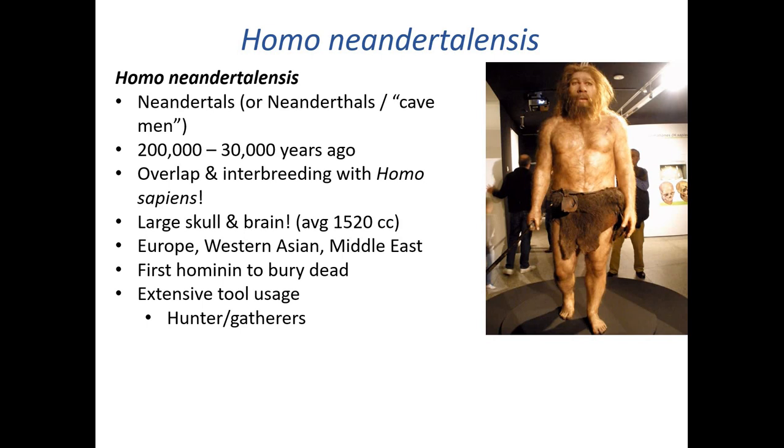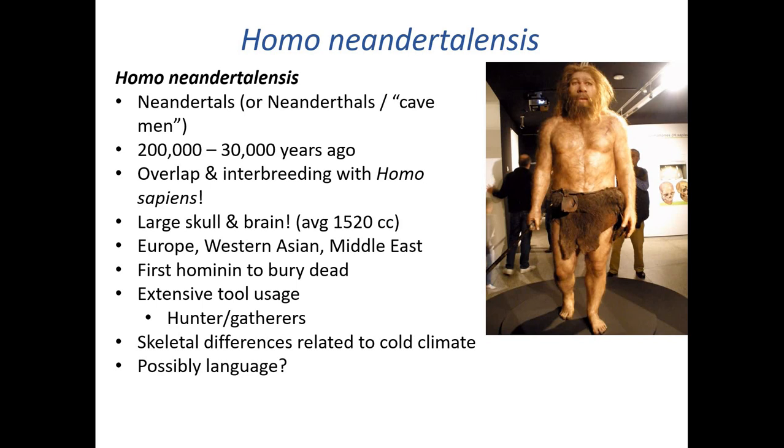And you can probably see from the picture that there are some skeletal differences between Homo sapiens and Homo neanderthalensis. Some of these are that Neanderthals have shorter limbs as well as a more robust and kind of protruding rib cage, and it's likely that these adaptations were better suited to the colder climates that they lived in. And it's possible that Homo neanderthalensis communicated using language similar to modern humans.